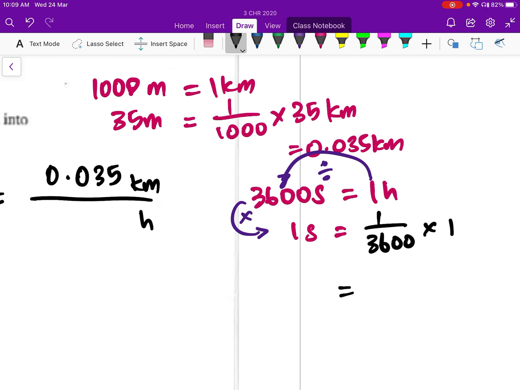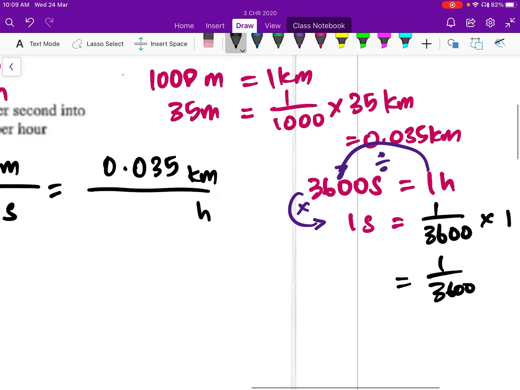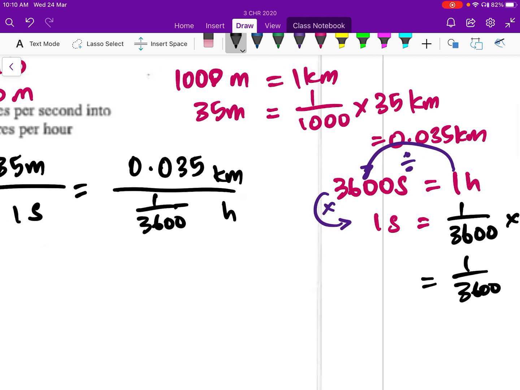Don't want to write that, leave it as a fraction, 1 over 3600. I put it as 1 divided by 3,600. So key all this in your calculator, and you get exactly 126 kilometers per hour.